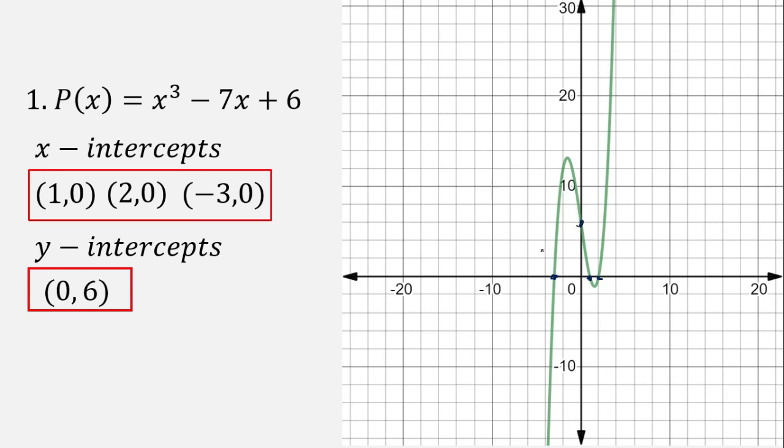So these are the points. And the end behavior is like going here, and going here. Falls to the left and rises to the right. And we have two turning points. Okay, so this is the actual graph. The one before, what I made, is the rough sketch.